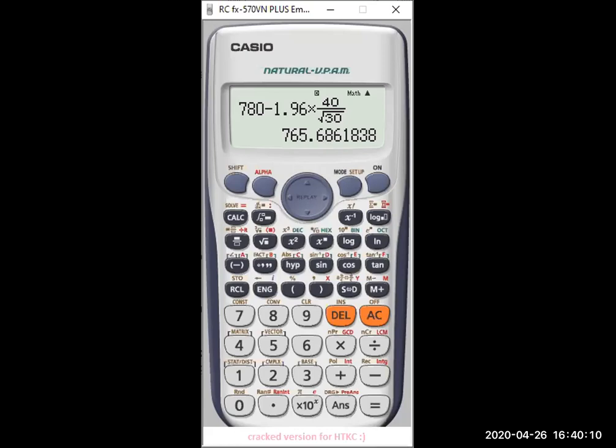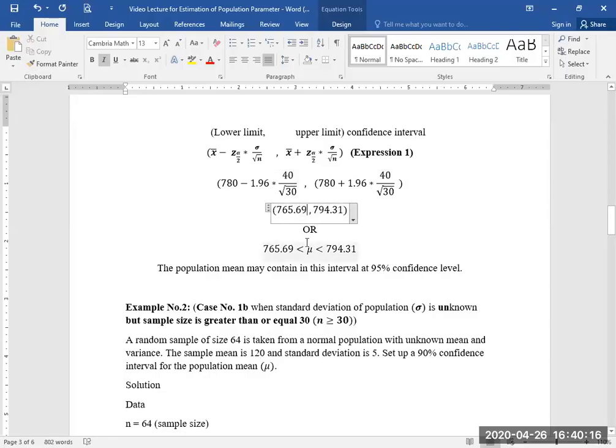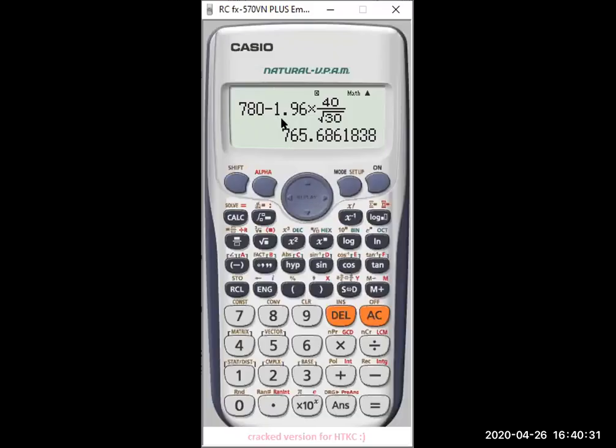I'm going to show the result. This is our result, students. See, 765.69. And for the upper limit, I'm going to use the calculator again. Now students, I have to just put the positive sign for the upper limit.